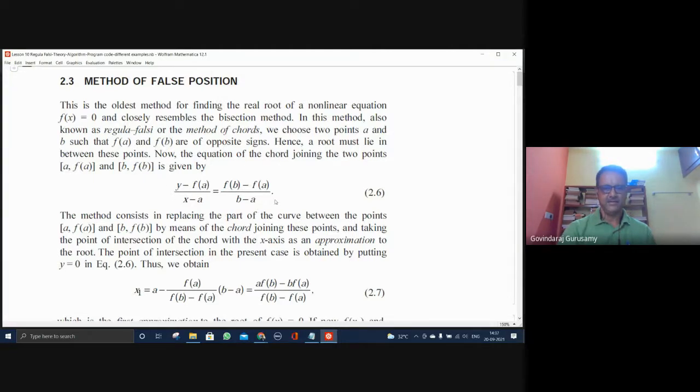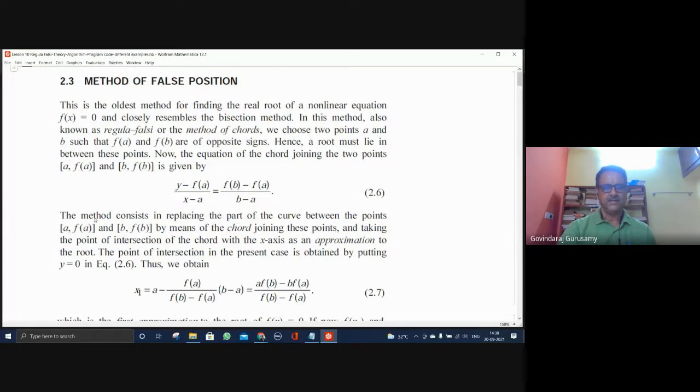So this equation is well known to us. We have put it in this form for given points A and B. After finding f of A and f of B, this can now be used as regula falsi or the method of chords. Why do you call it the method of chords? This is the line which passes through the curve. That's why it's called the method of chords.